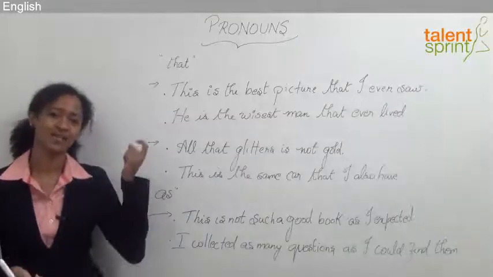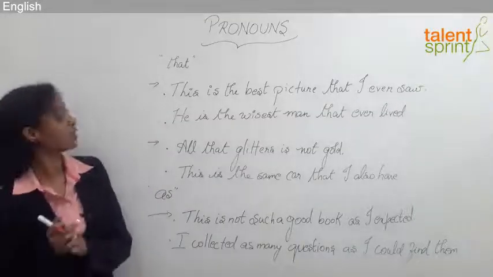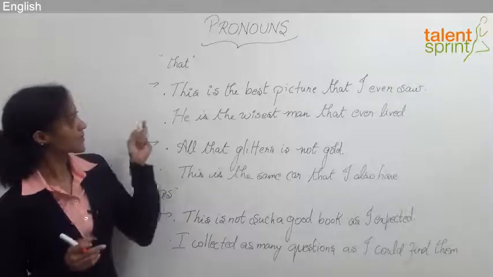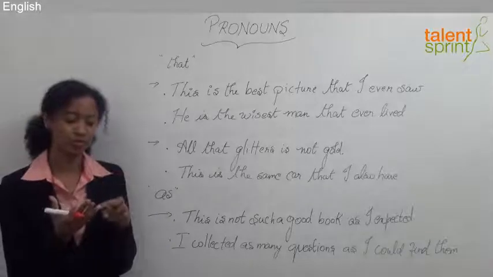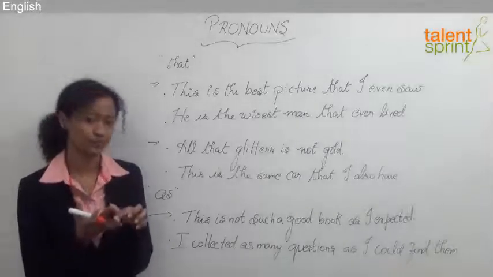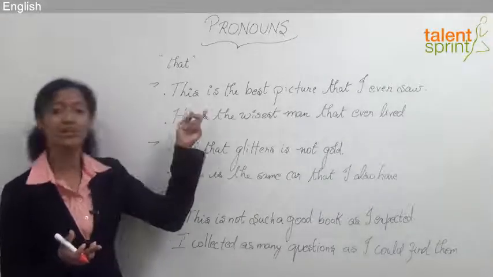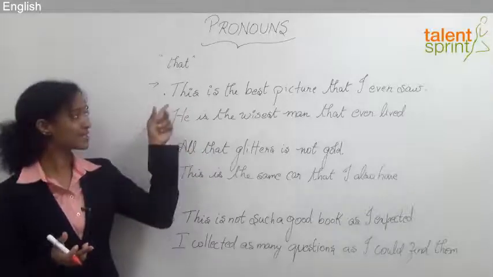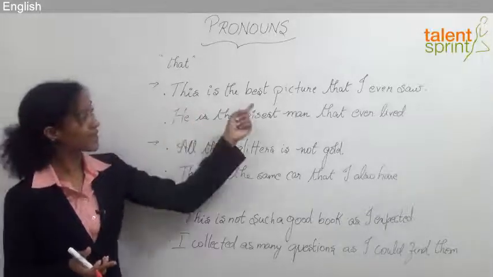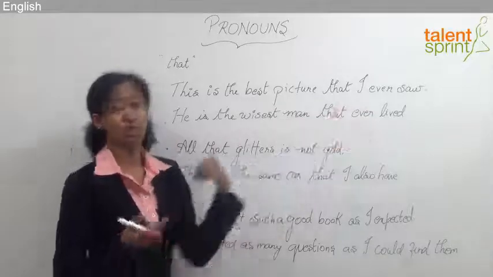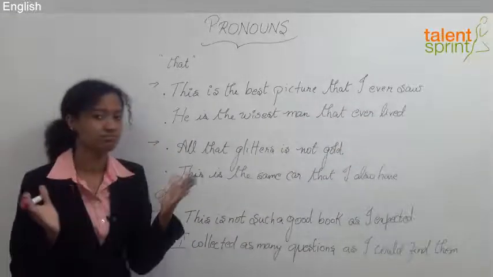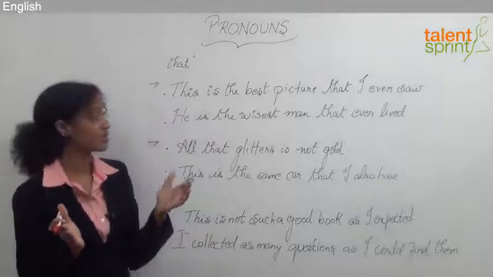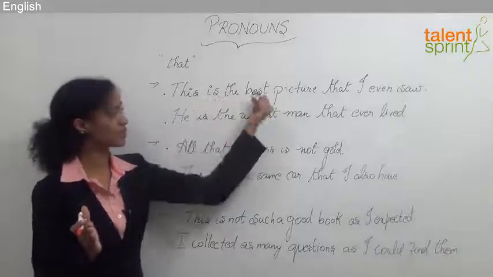So let's understand that as a relative pronoun. Now, sometimes that is used instead of who, what, or whom when the first clause is in the superlative degree. Let's look at this example: this is the best picture that I ever saw. Now here, what is the clause that gives me the complete meaning, right? In this sentence, this is the best picture is the clause.